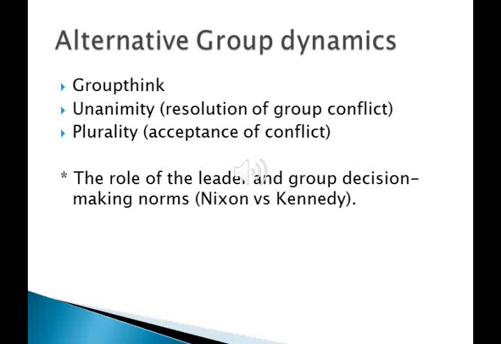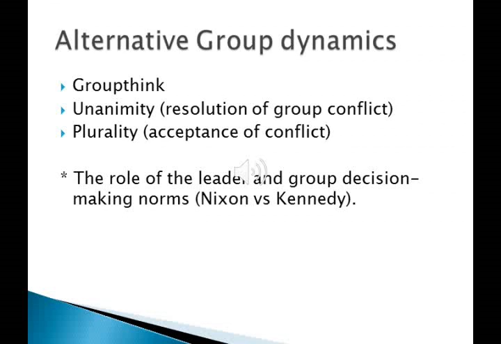We reach consensus, or within the group we can reach plurality, acceptance of conflict, and allowing the majority of the opinion to rule. And here the role of the leader is very important, and how he manages group dynamics.